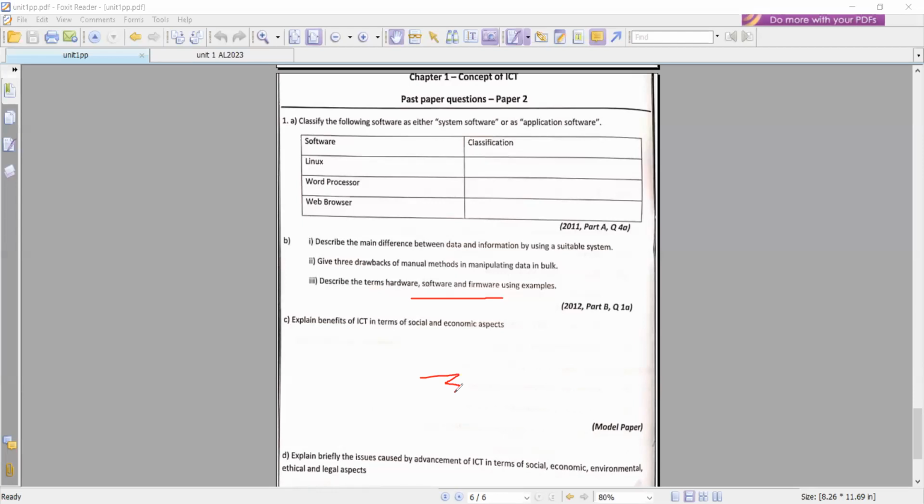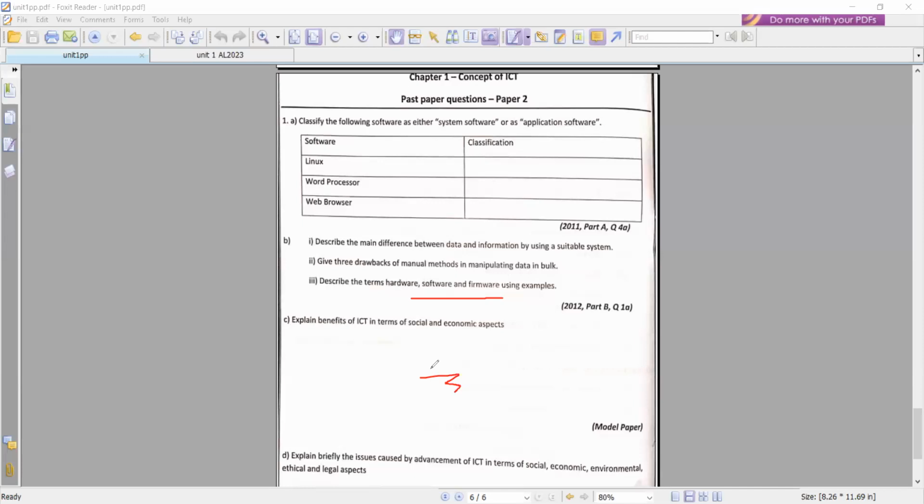Selling and buying can be done through online websites. That is one benefit. Then reduced cost of production. Most of the companies are using robots, so it will reduce the cost of production.